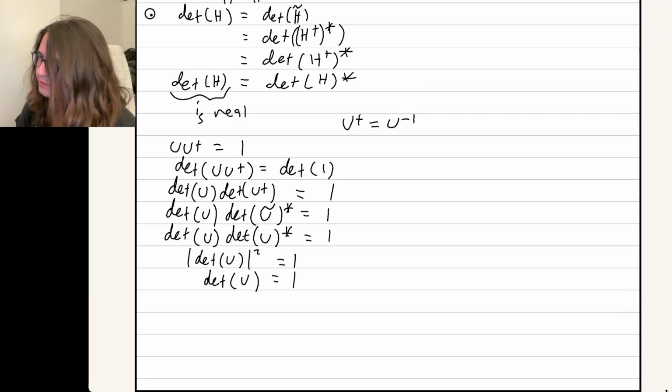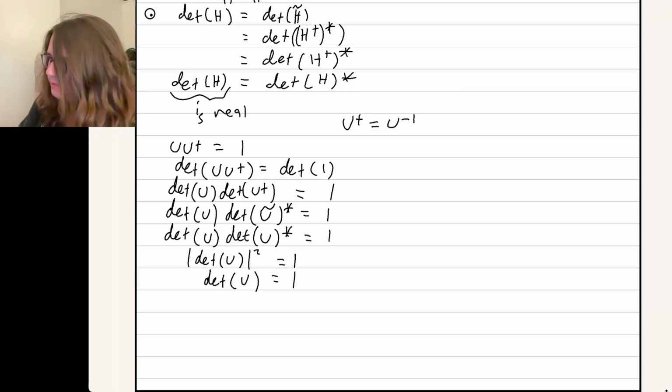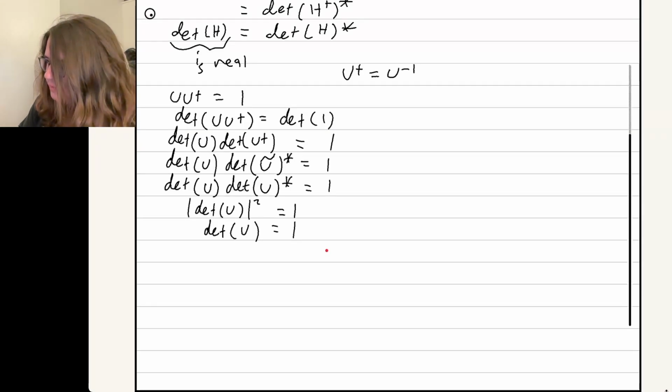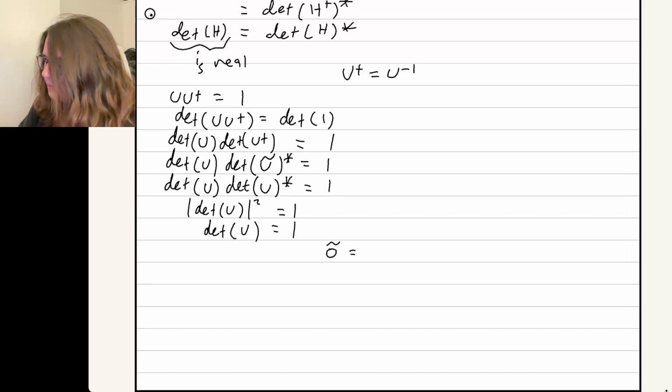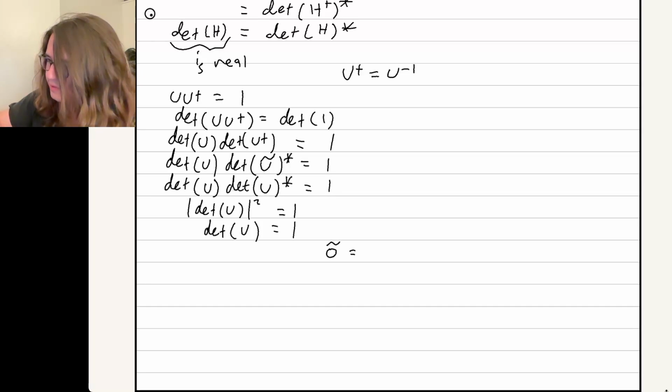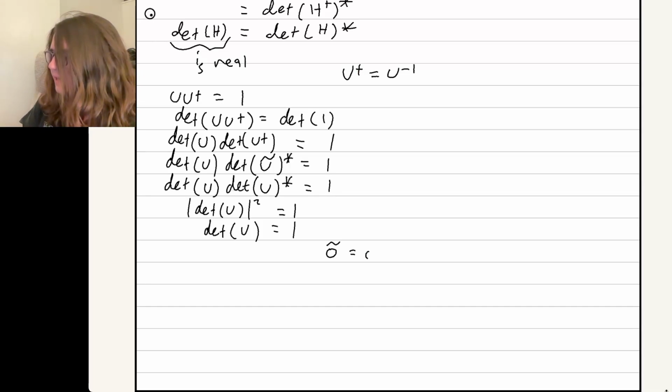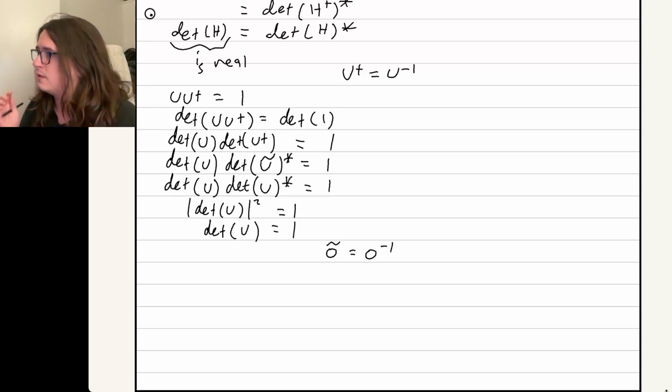Then the last thing that he wants us to check is for orthonormal matrices, that their determinant is either equal to positive 1 or negative 1. So the orthonormal matrices are kind of like the unitary ones, except that they are entirely real. So instead of the Hermitian conjugate equal to its own inverse, the transpose is equal to the inverse, right?